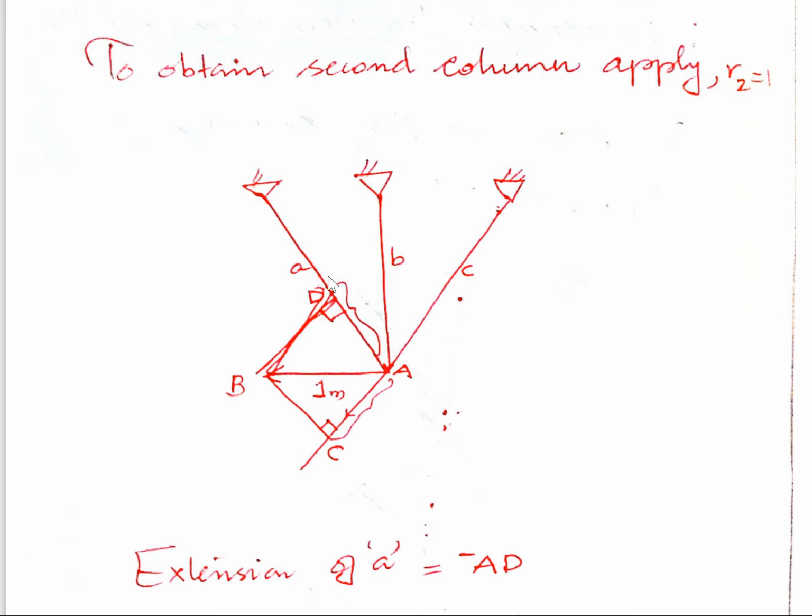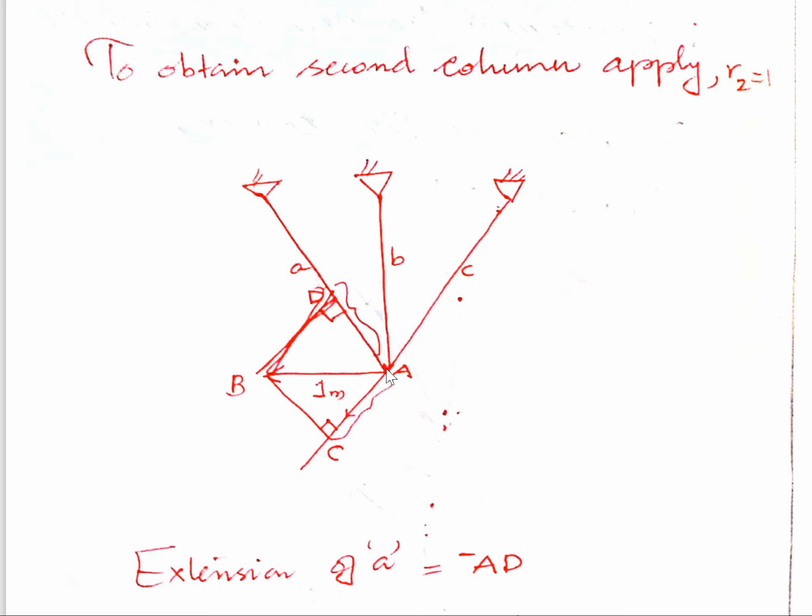So in the case of first member, this perpendicular is falling in the backward direction. So AD is in the negative direction. And in the case of second member, this perpendicular is falling at the point A itself. So there is no distance.